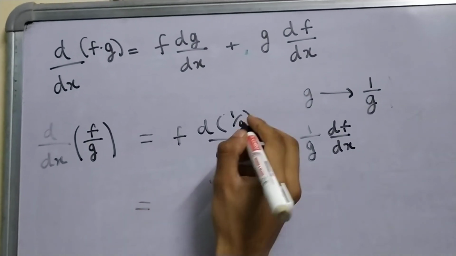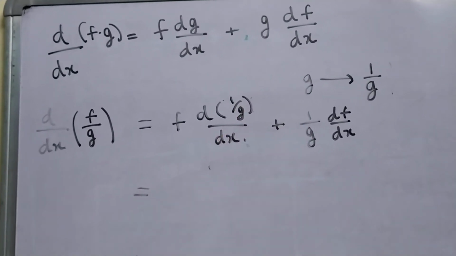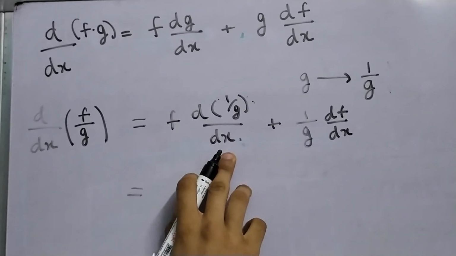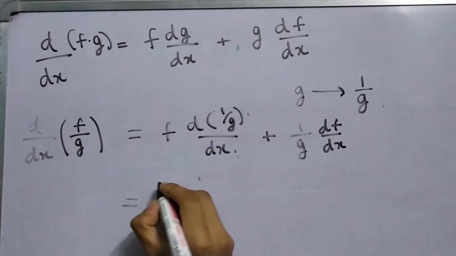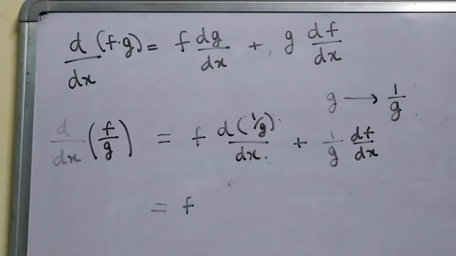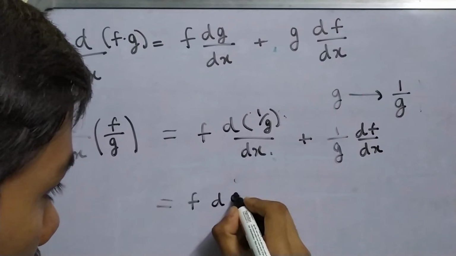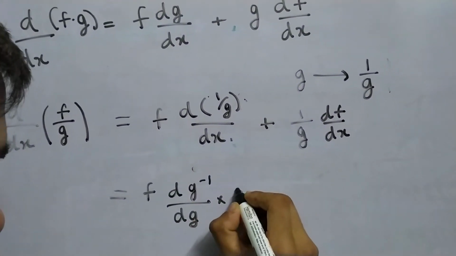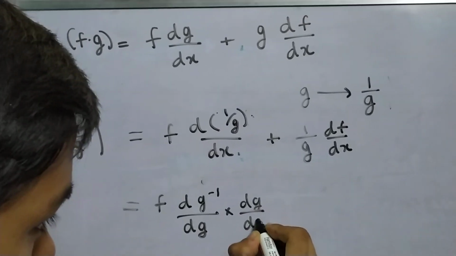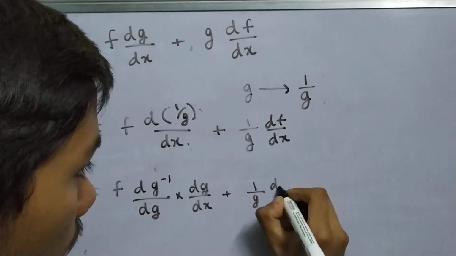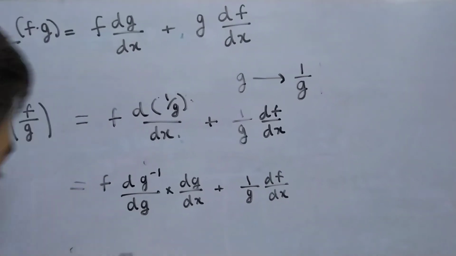Now to differentiate 1 by g with respect to x, we will use the chain rule. We will differentiate 1 by g with respect to g, and then we will differentiate g with respect to x. We have f times d of g to the power minus 1 with respect to g, and then differentiate g with respect to x, plus 1 by g df by dx.